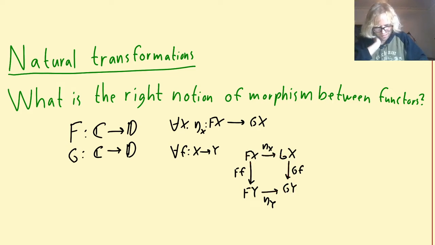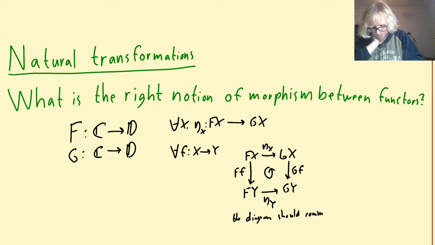So it makes sense to ask for these two paths to be the same. That is, I should get the same result if I go left, down and then right, or if I go right and then down. So we say that we're asking for this diagram to commute, which just means that these two paths are the same.